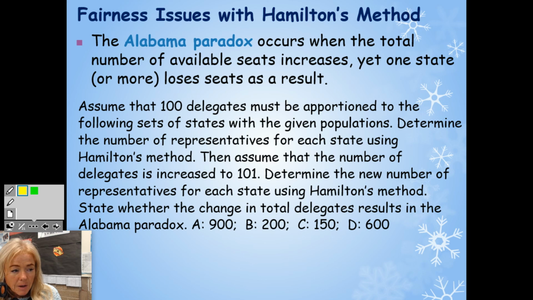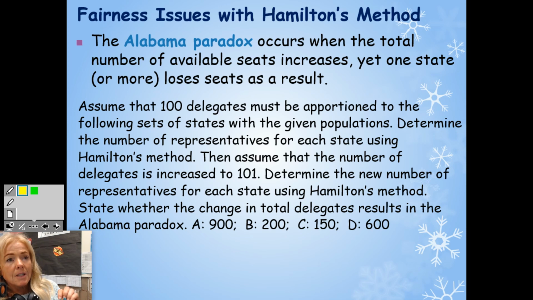Now, if at 100 delegates each of the 10 states gets 10 representatives, and suppose then we add another delegate, so 101 total, and then we go through and figure out, using the Hamilton method, which representatives go where.